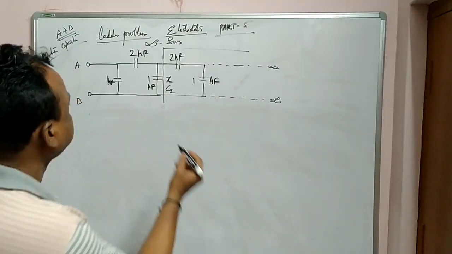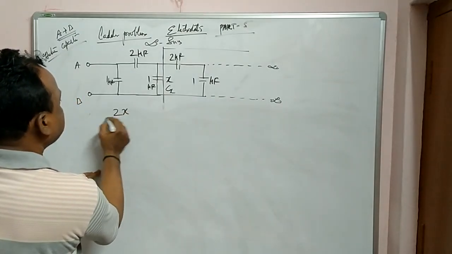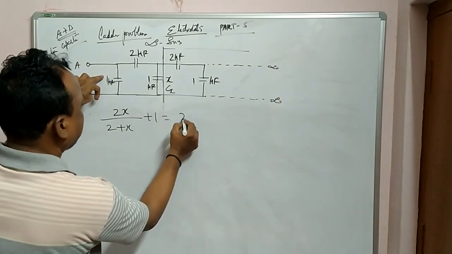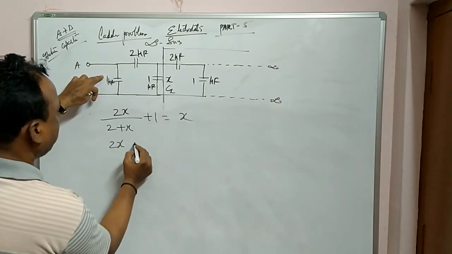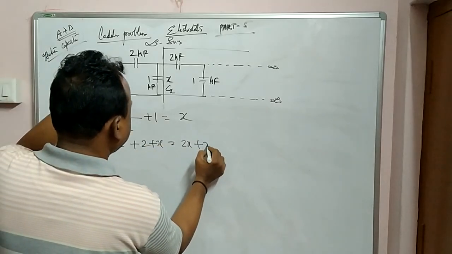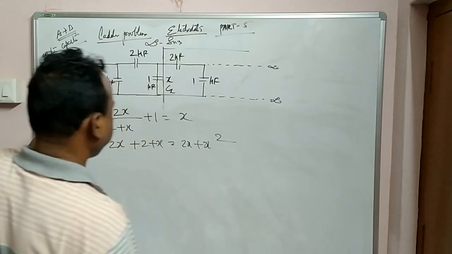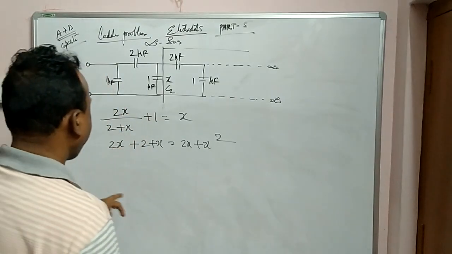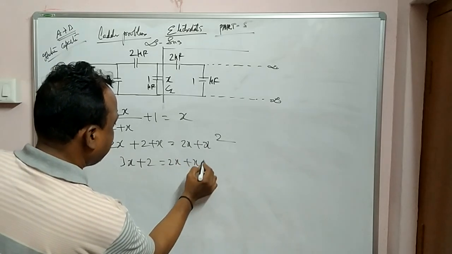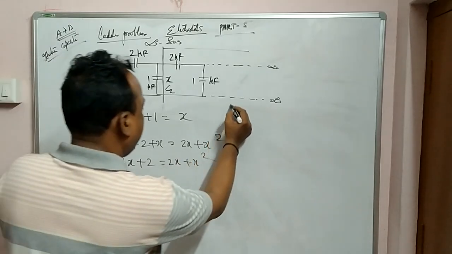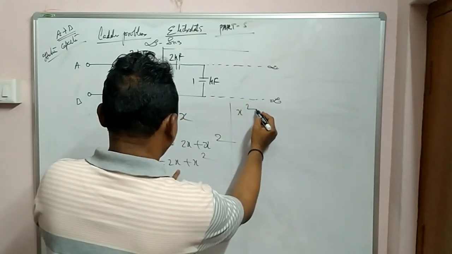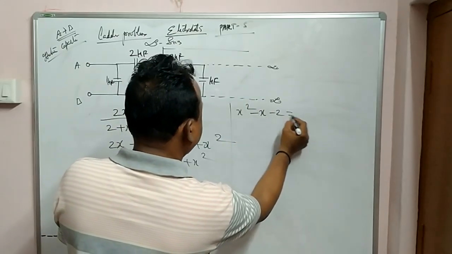Okay. 2 into x by 2 plus x plus 1 is equal to x. 2 into x plus 2 plus x is equal to 2x plus x square. Okay. 3x plus 2 is equal to 2x plus x square, or on this side x square minus x minus 2 is equal to 0.